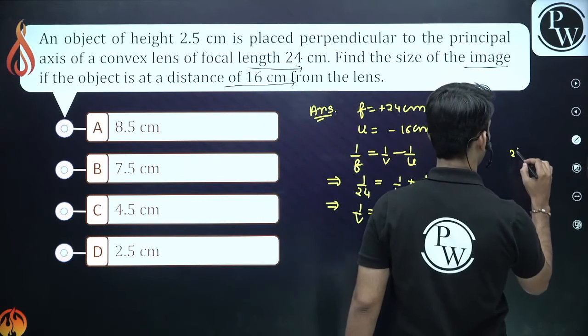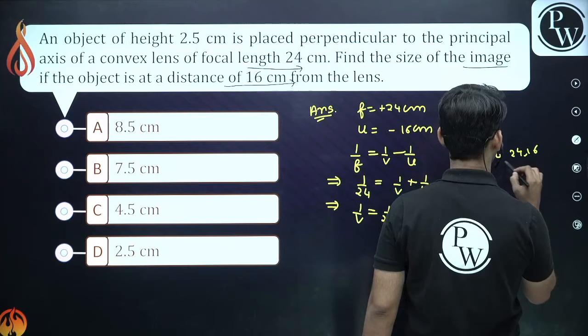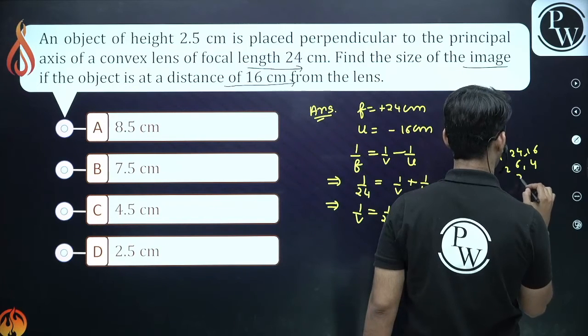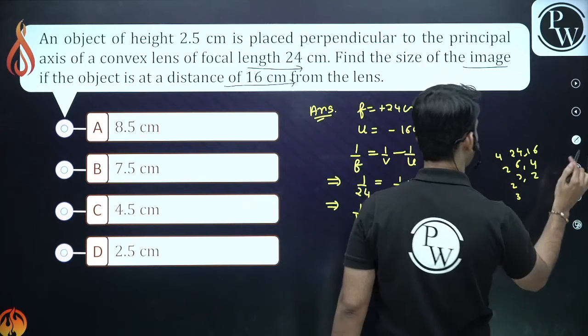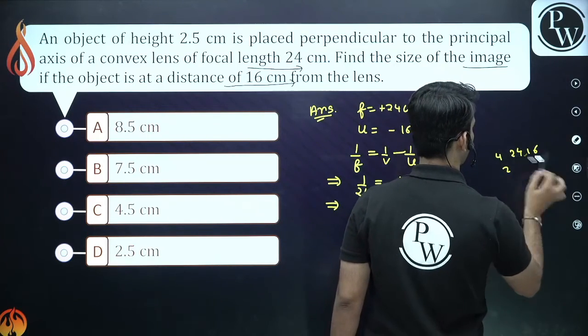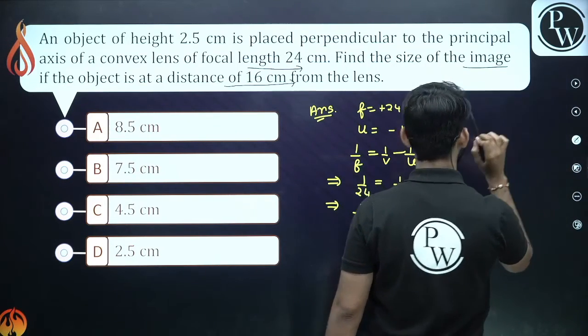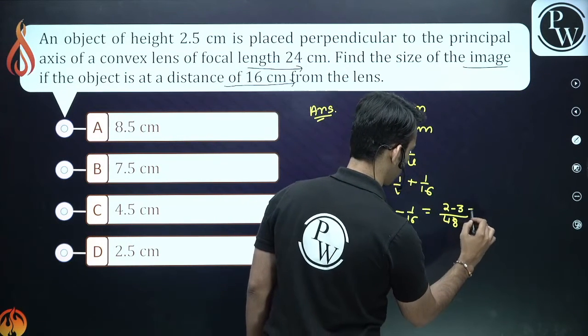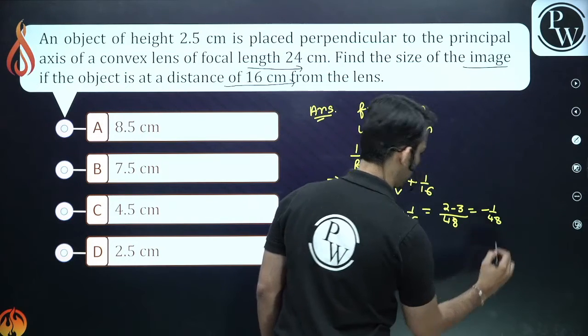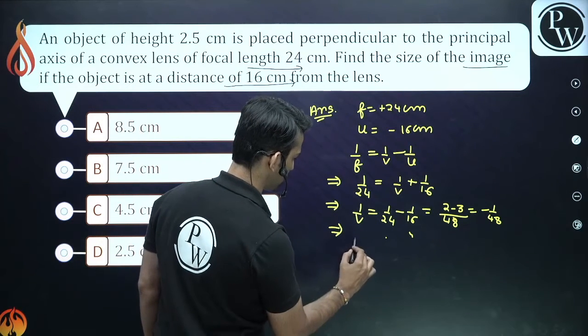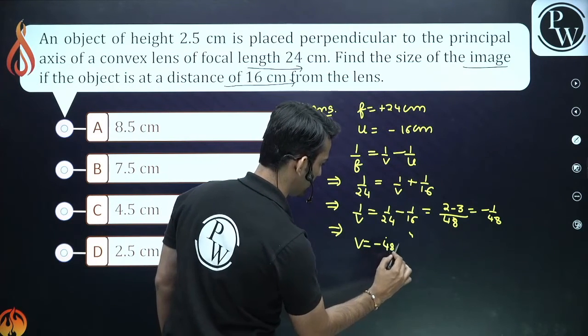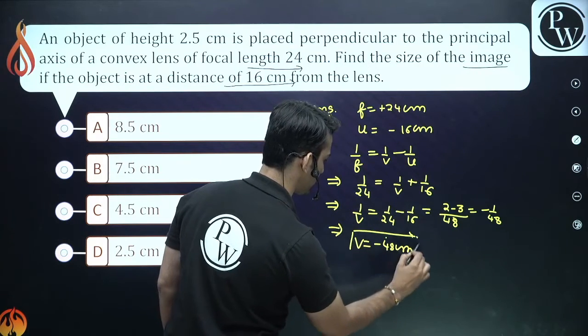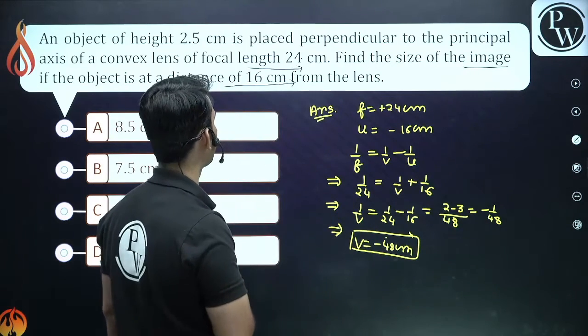Let me find it out. 24, I think it's 48, right? 12 to 48, yeah, it's 48, right? Just do it if you are having some doubt by your own, right? 48, so it will be 2 minus 3, it will be minus 1 upon 48, right guys? So v is how much? Minus 48 centimeter. Negative because the image is formed on the left hand side.